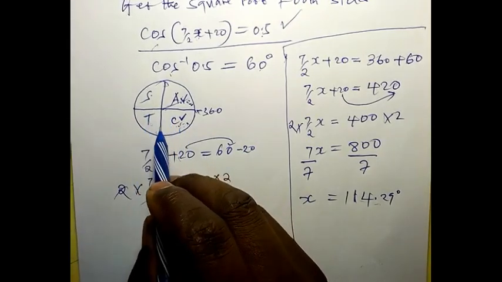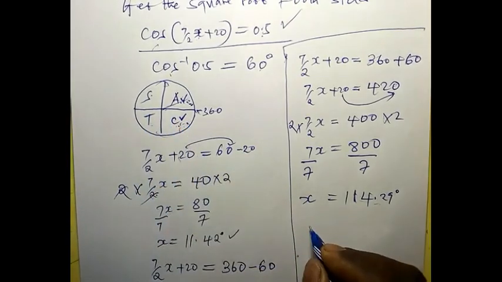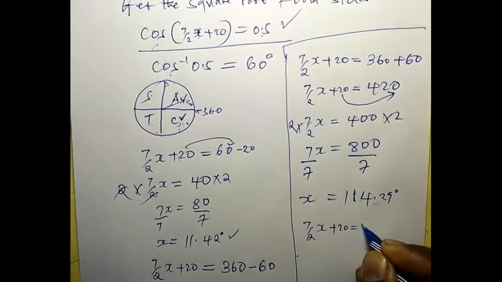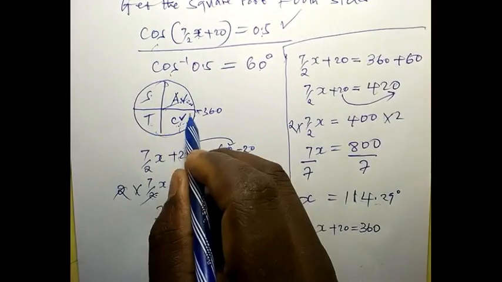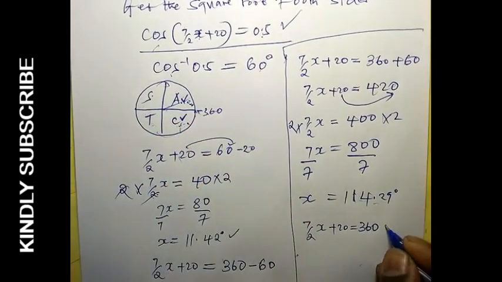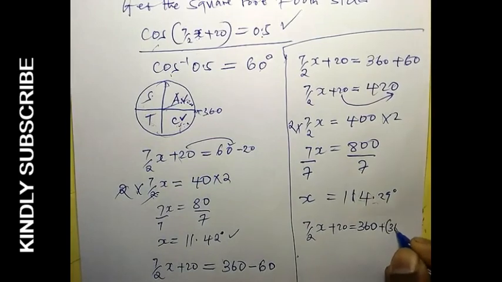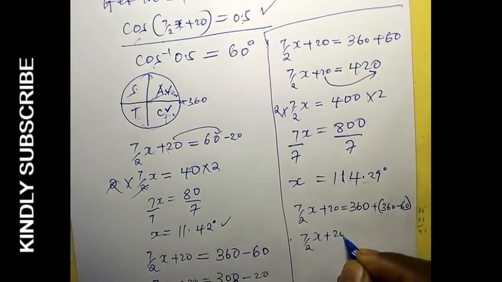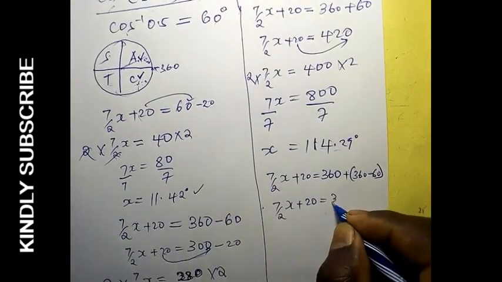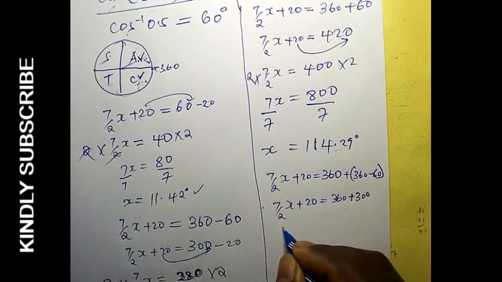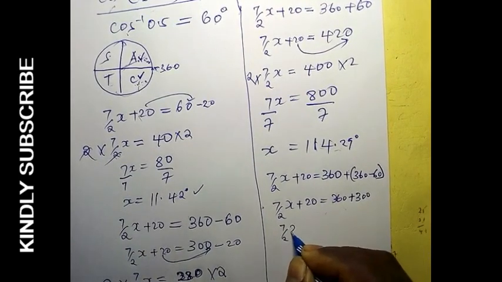Now we are at this point, so we go up to here. So we have covered the three. We are coming up to this point again, which is 360 plus 300, that is 360 plus 360 minus 60. 7/2 x plus 20 is equal to 660.